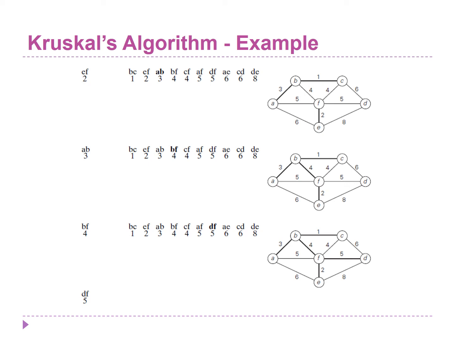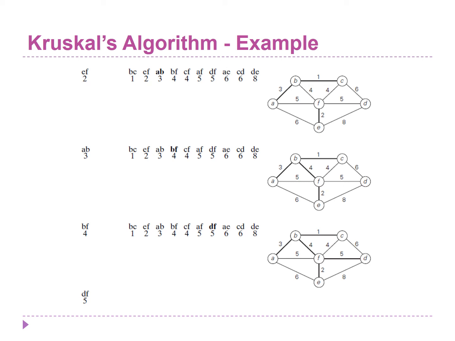Similarly, the edge BF with the edge weight of 4 is included in the minimum spanning tree, since it does not form a cycle with the edges that are already included in the minimum spanning tree. The edges CF and AF, next in the sorted order, form cycles.